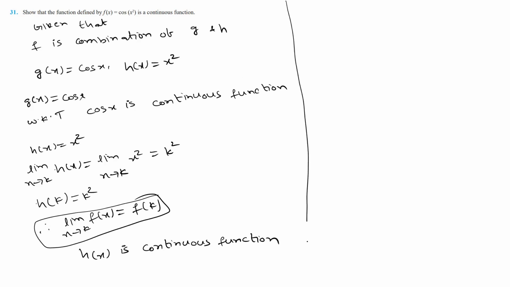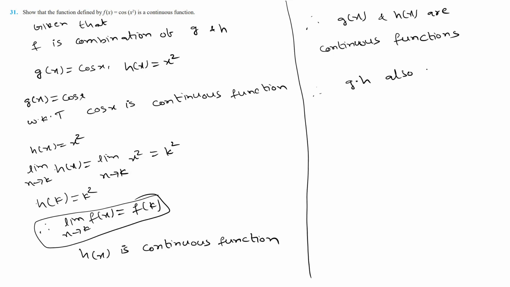Okay. So we know g of x is continuous and h of x is also continuous only. So g of x and h of x are continuous functions. Therefore, g of h is also a continuous function.